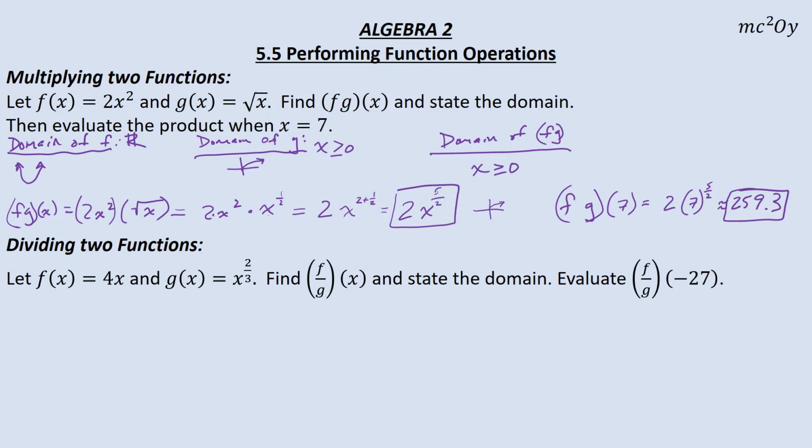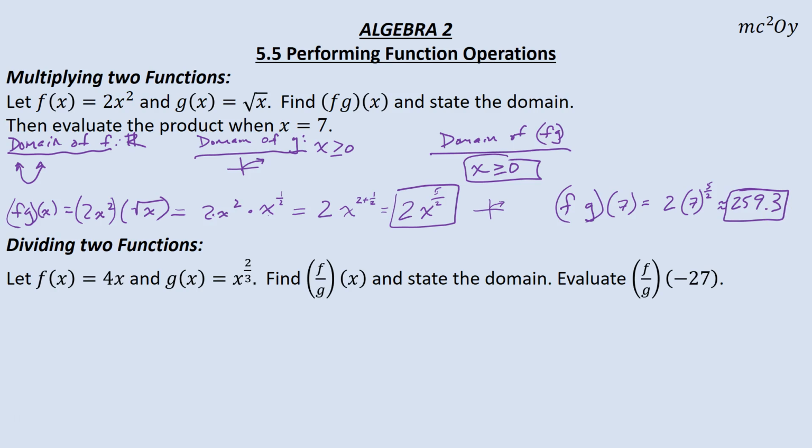That means that when we substitute 7 in for x, we get that out. So the x value of 7 gives us 259.3 on the y-axis. All right, so we've got our domain, our simplified function, and our evaluation. So let's divide them, and then we'll be done with this piece here.